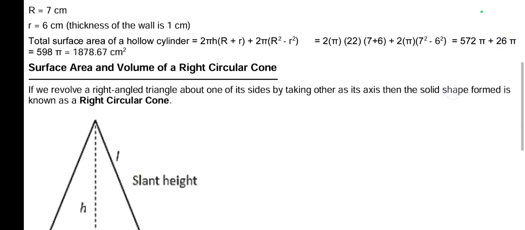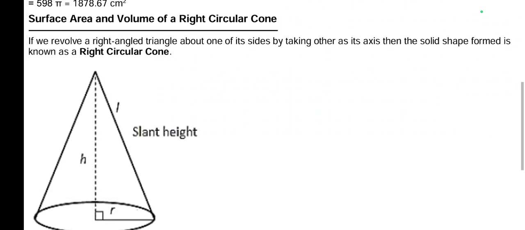And the last important one is surface area and volume of a right circular cone. Right circular cone means a cone which is made by rotating a right angle triangle, a shape formed by rotation of a right angle triangle about the axis of its height.